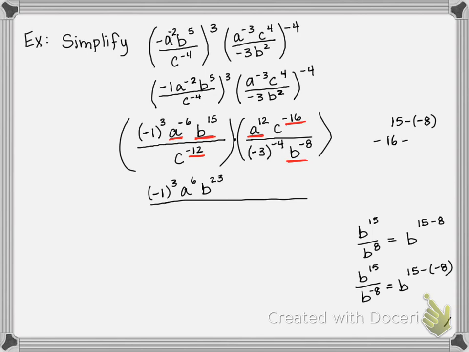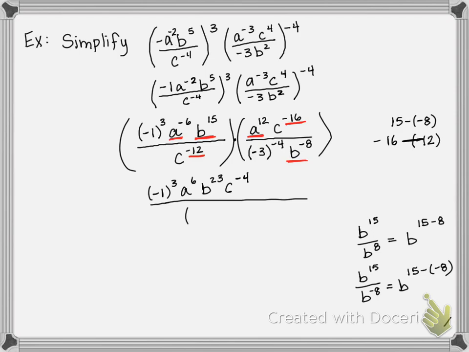So negative 16 minus negative 12 is what? Negative 4. Well, because this is the same as negative 16 plus 12. If you're $16 in debt and then you get $12, you are only $4 in debt. So this is c to the negative 4th.